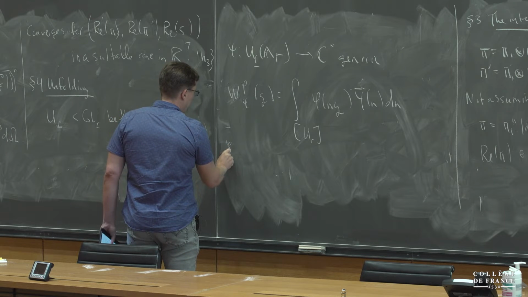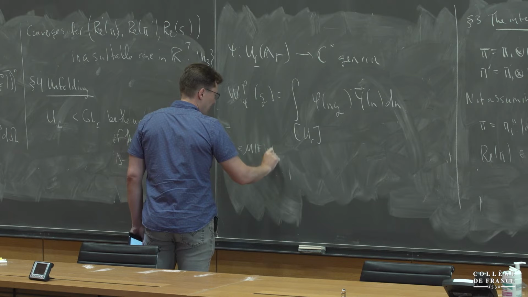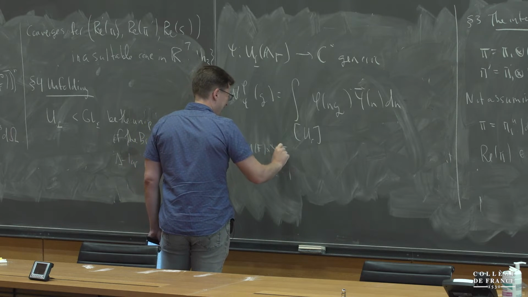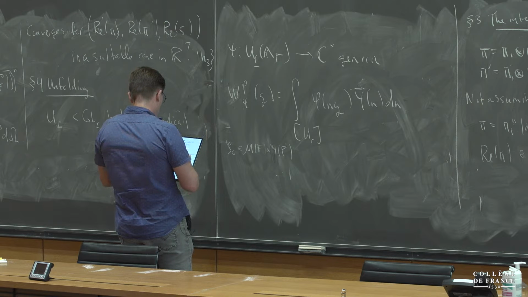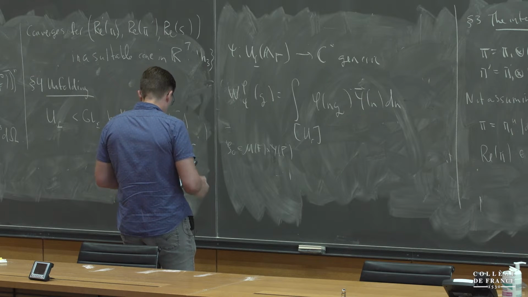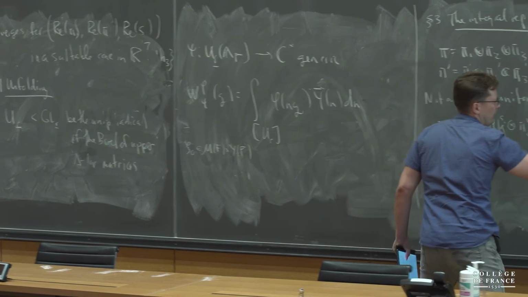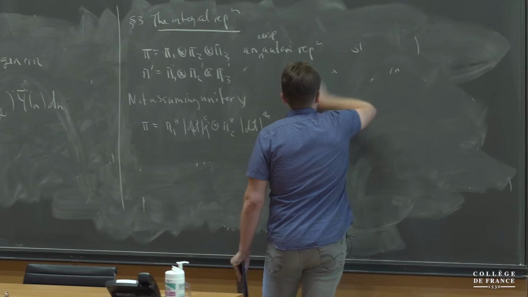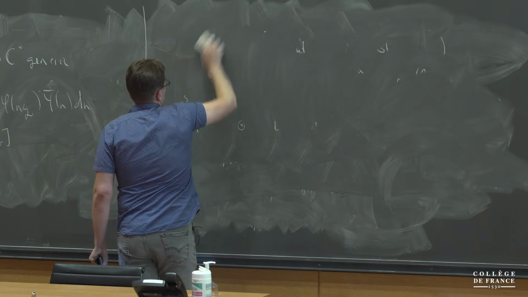I'll pick a suitable base point in M F cross Y F. What's the local expression for this? So the theorem is that this gadget unfolds. I'll write down the local expression.